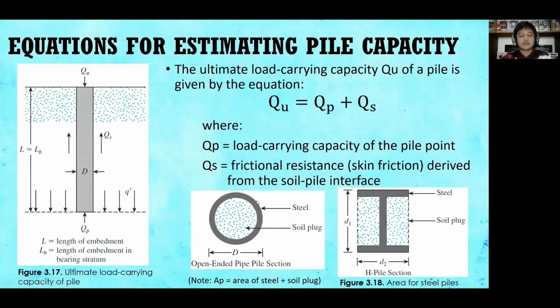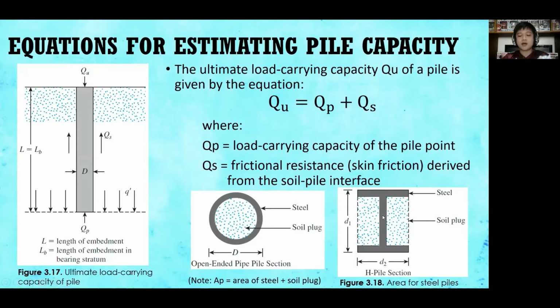For the steel piles, we have again our pipe pile and our H section pile. For our pipe pile, for the area, we will consider the area of the steel together with the soil plug, the soil portion in between.